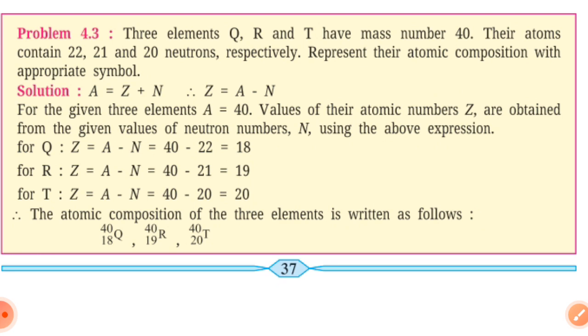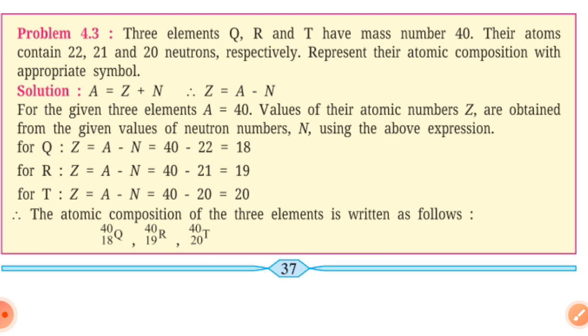Solution: A is equal to Z plus N, so Z is equal to A minus N. For the given three elements, A is equal to 40. Values of the atomic number Z are obtained from the given values of neutron number N using the above expression.